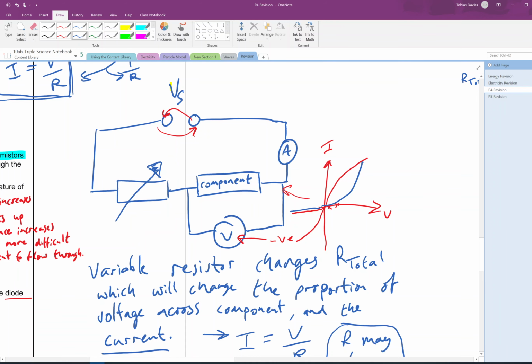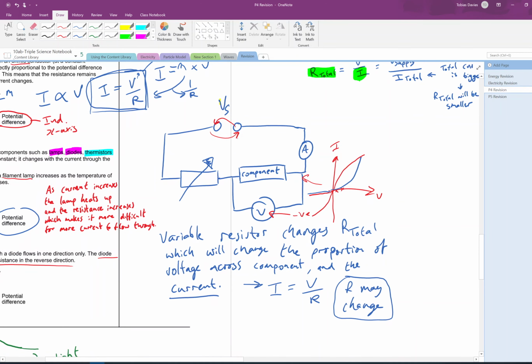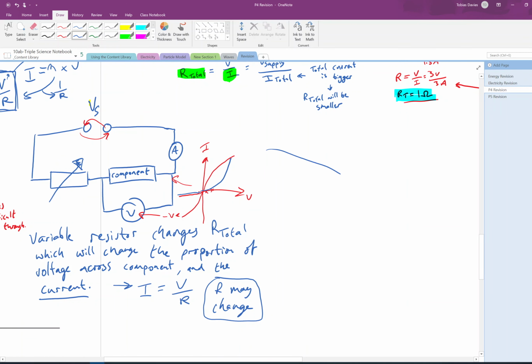Now, when you're measuring a current and a voltage, you're going to take a measurement, and maybe you start off with 0 volts, and you'll have a current.